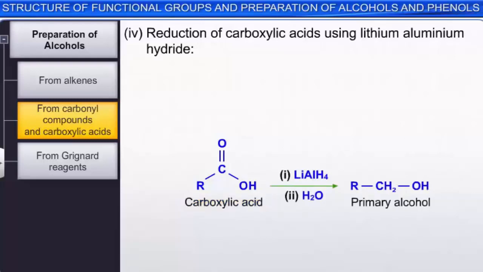This is actually a two-step process. First, treatment with lithium aluminium hydride, followed by the reaction with water. Lithium aluminium hydride is very expensive, so the use of this reaction is somewhat limited.